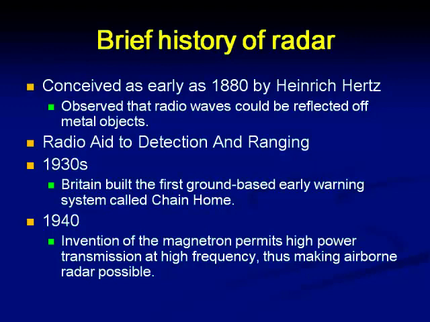Before we go into the details, it is worthwhile to know the history of this radar. The idea was conceived as early as 1880 by Heinrich Hertz. He suggested that radio waves could be reflected off metal objects, and Britain built the first ground-based early warning system called Chain Home in the 1930s.